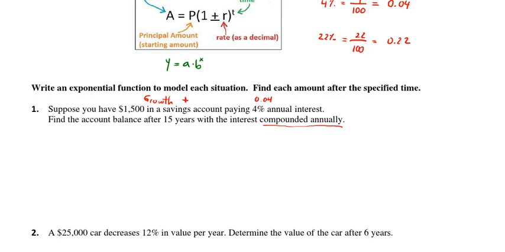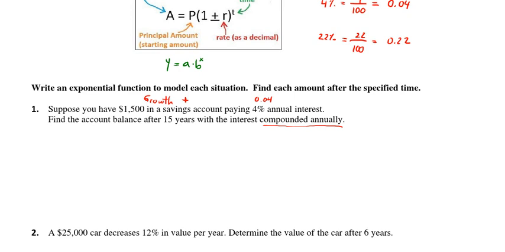What does it mean? It means that, for example, if they are paying 4%, the first year they're going to pay 4% of the 1,500, which is $60.